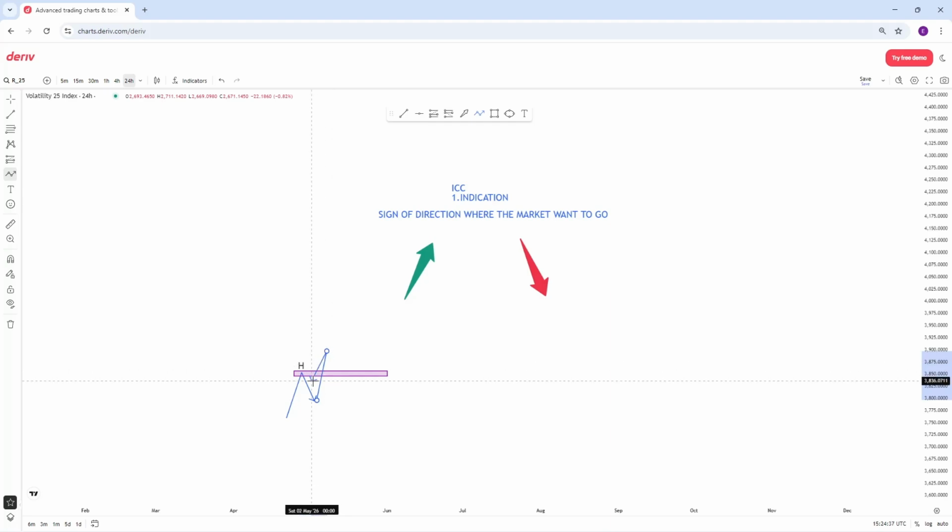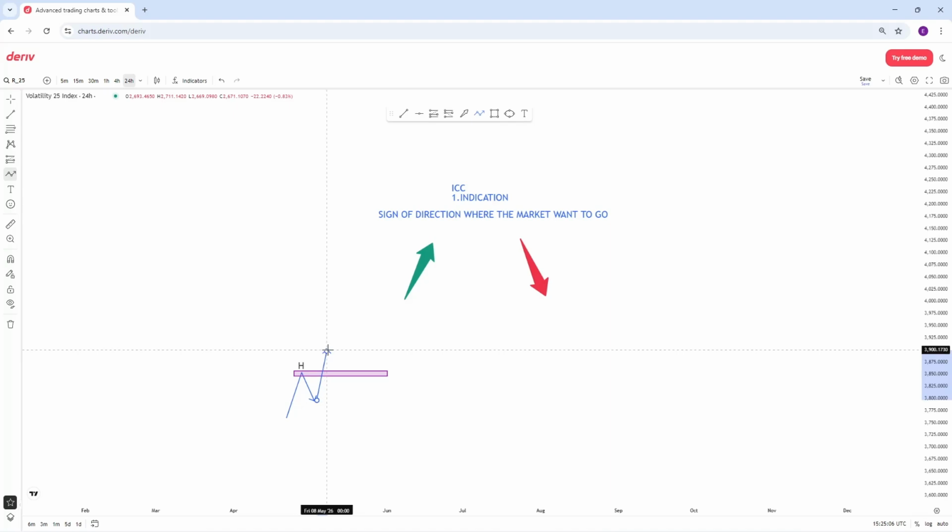You open your chart, then you mark up your chart. Then you see a break of a previous high, above the previous resistance. Obviously that will be a high going to the upside, and the market closes above this previous high.